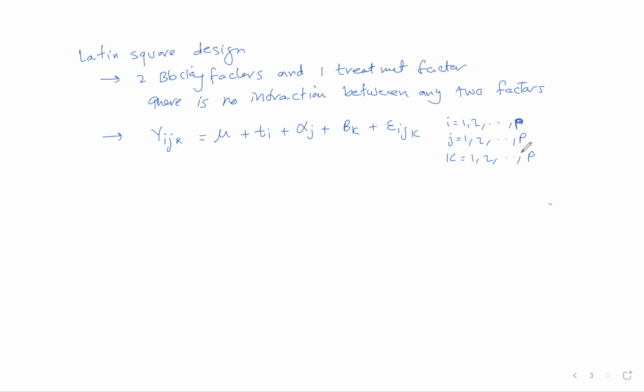Let me give you an example. The example of 3 by 3 means we have three factors, one treatment factor and two blocking factors, each with 3 levels. In this case, we assume the rows are the levels of the first blocking factor, and the columns are the levels of the second blocking factor.